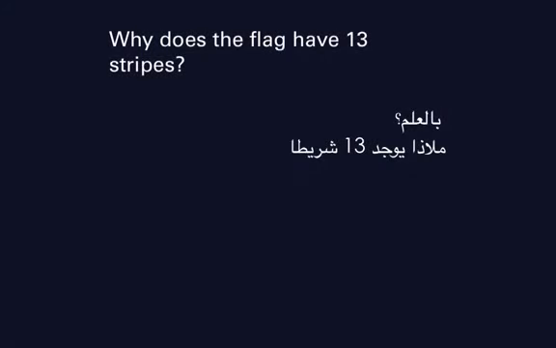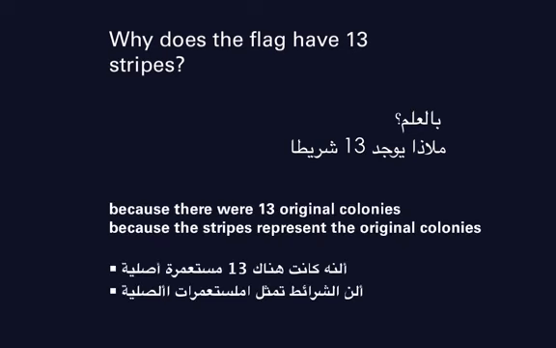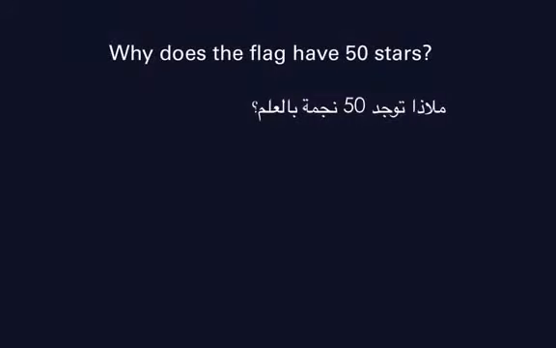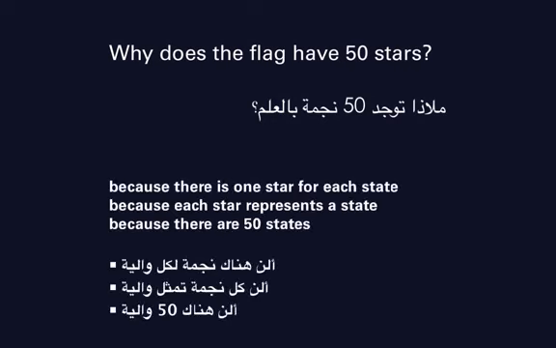Why does the flag have 13 stripes? Because there were 13 original colonies. Because the stripes represent the original colonies. Why does the flag have 50 stars? Because there is one star for each state.